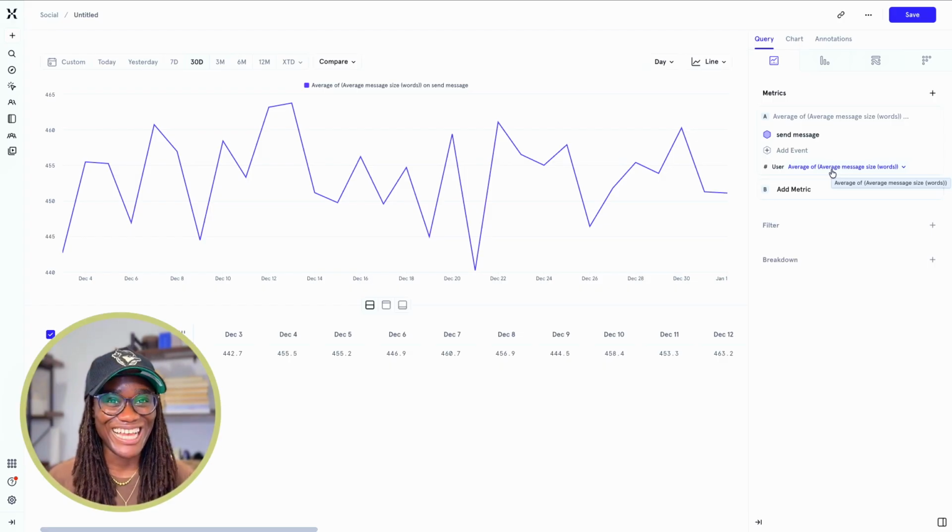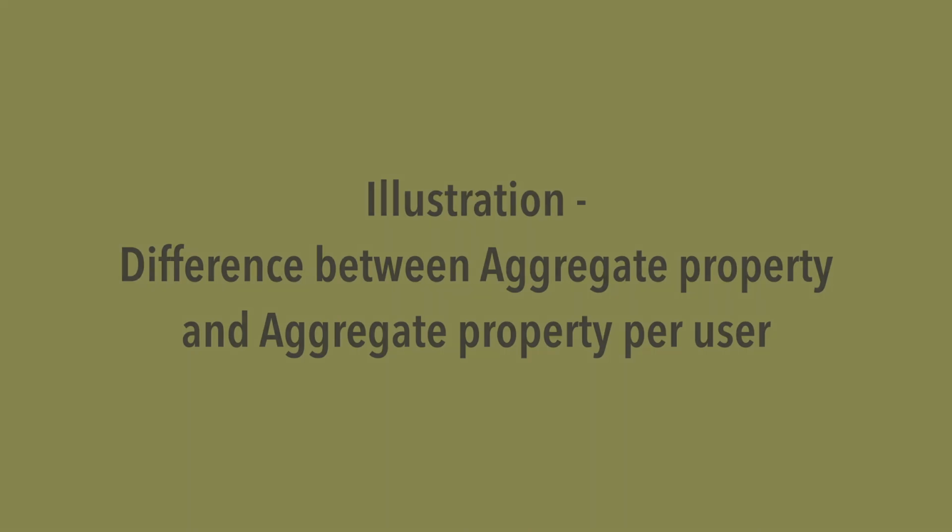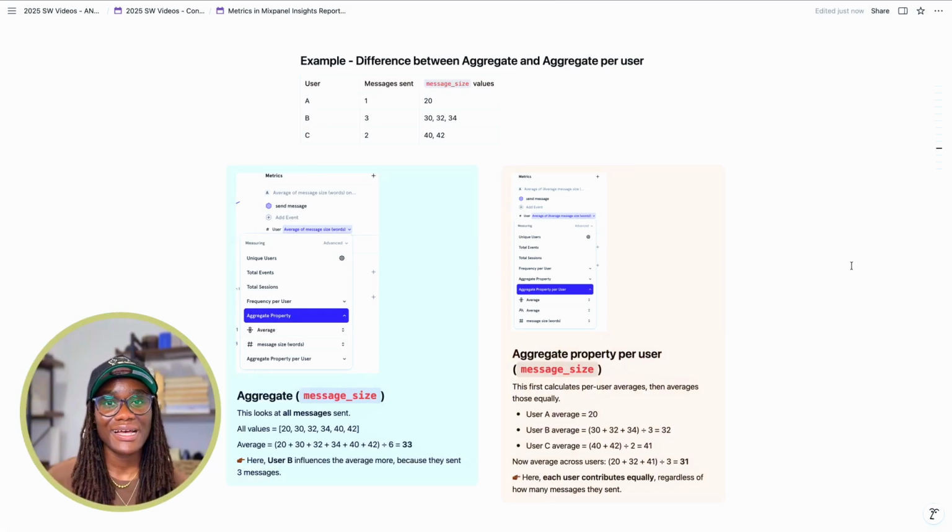That was a mouthful. Let me show us a clearer example to illustrate the difference between the aggregate property and the aggregate property per user and how to measure those. This is a quick example that can help us distinguish between the aggregate and the aggregate per user way to measure in Mixpanel.